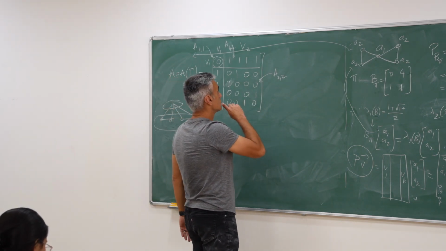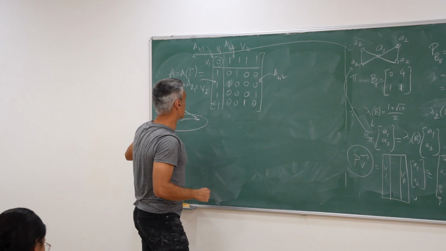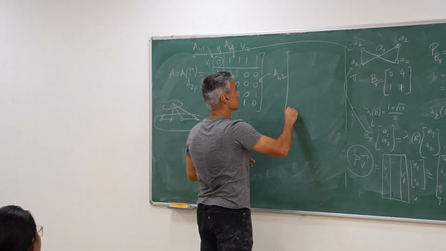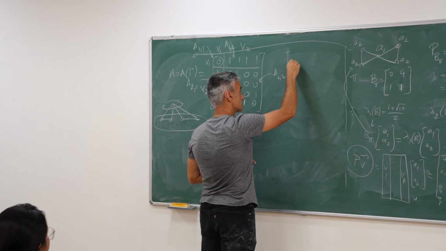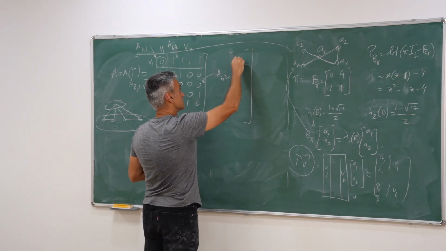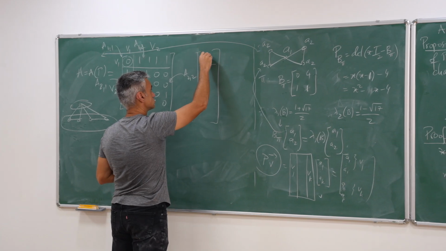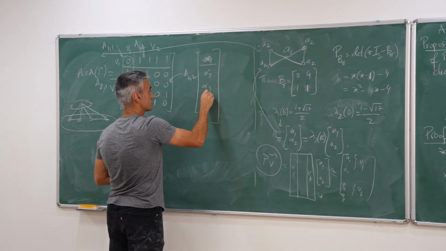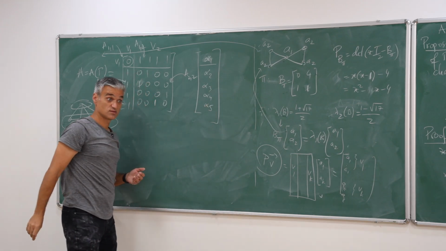So for example, if I take such a vector and I multiply it here, we have some entries: alpha 1, alpha 2, alpha 3, alpha 4, alpha 5.